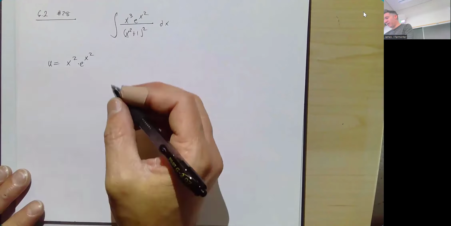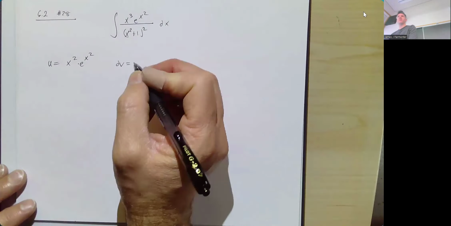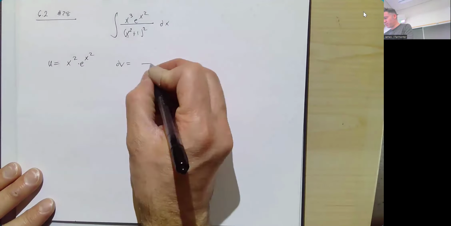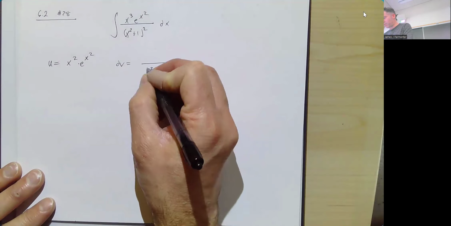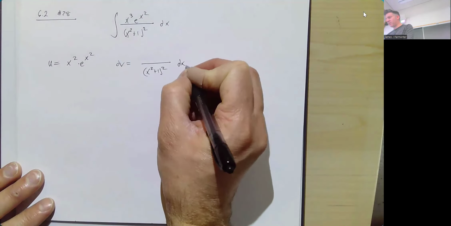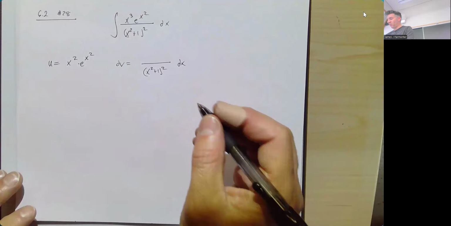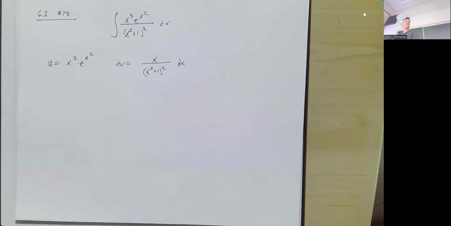And our dv, what's our dv going to be? The rest. What is the rest? Well, certainly the denominator, x squared plus 1 squared. Is there any of the numerator that I didn't capture? Yeah, an x to the 1. Yeesh.